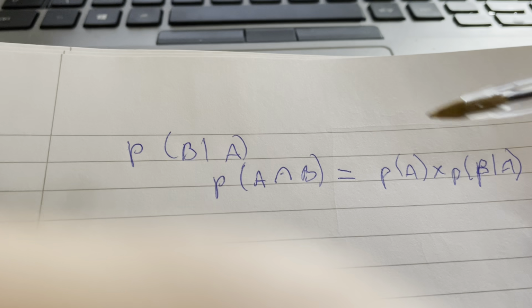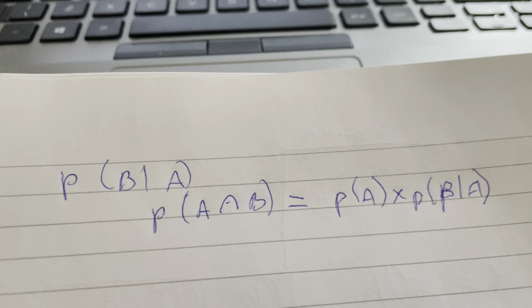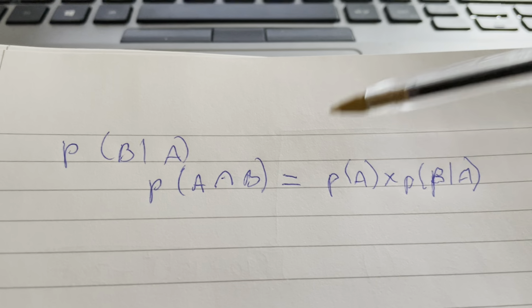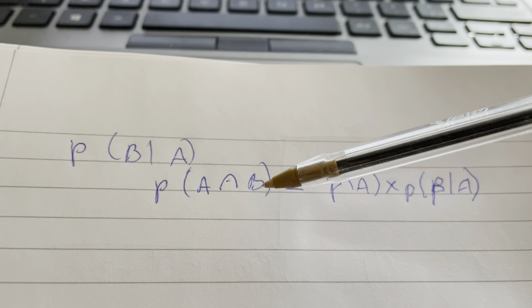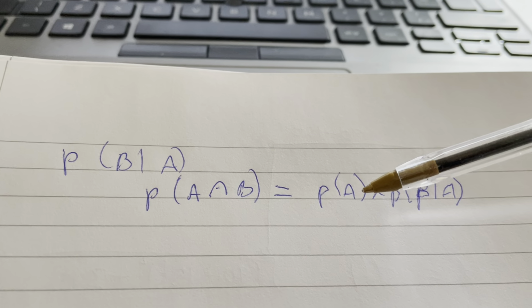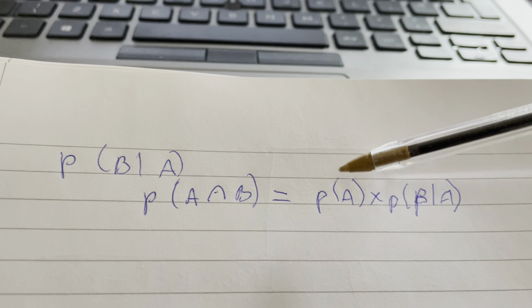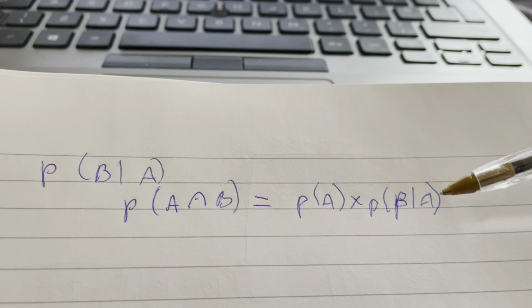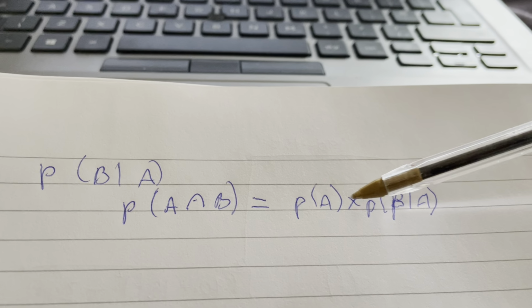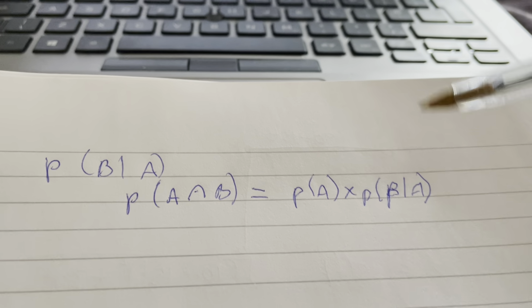And the reason you want that is, if you think it out and say it out in English, the probability of A and B happening is the probability of A, and then you want the probability of B, but not just any probability of B. A has happened, so you want the probability that B is happening given that A has happened, because you want it to be the case for both.